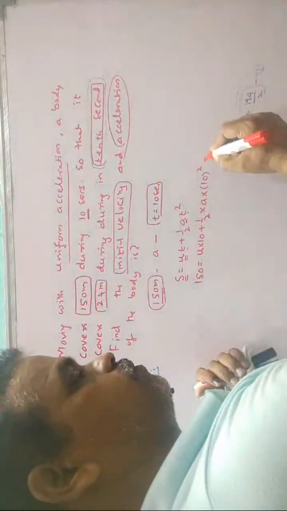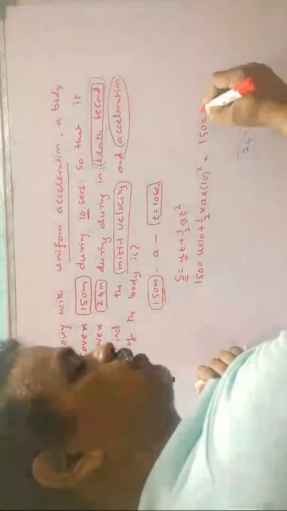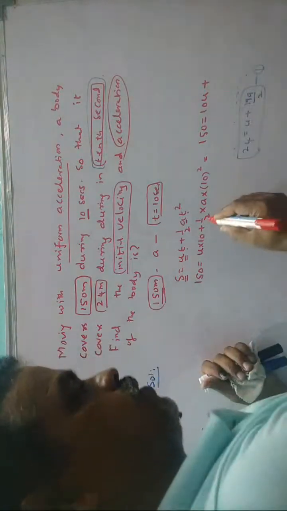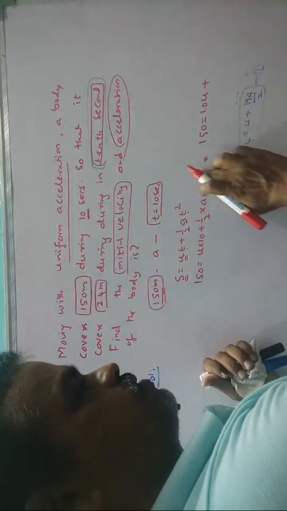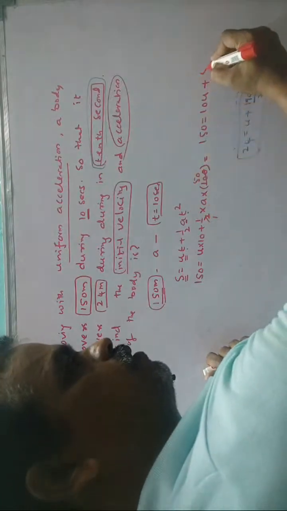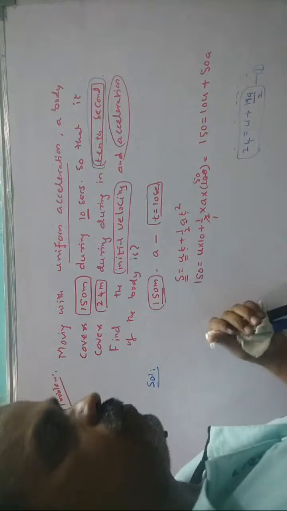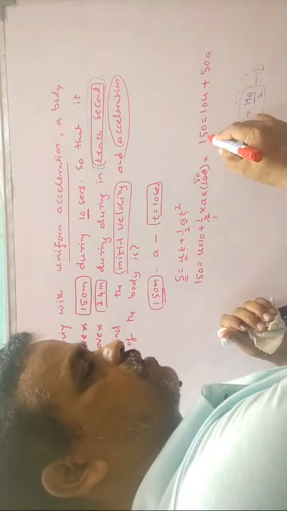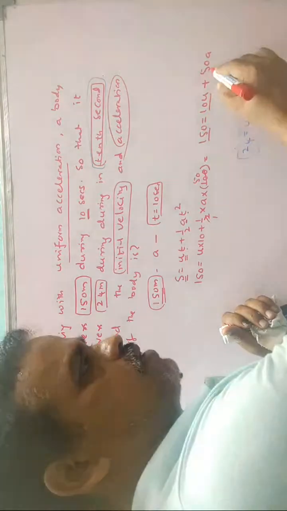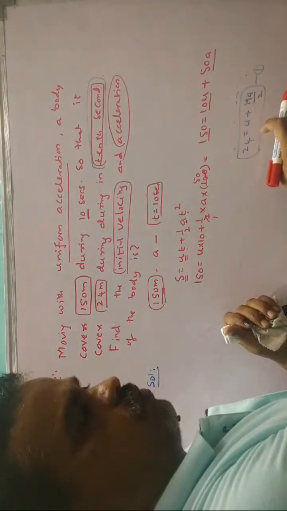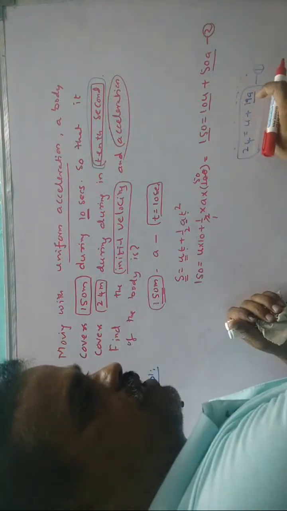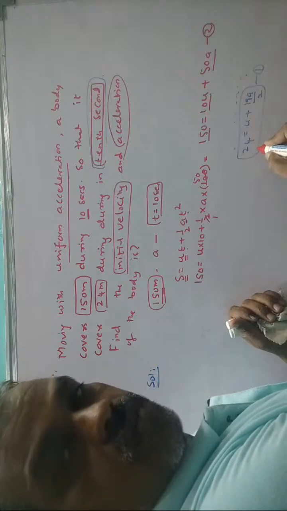So 150 equal to 10u plus, see, 10 square is nothing but 100, half of 100 is 50, so you will get 50a. See here we got the equation, 150 equal to 10u plus 50a. Here we have one more equation. This is the second equation, this is the first equation.